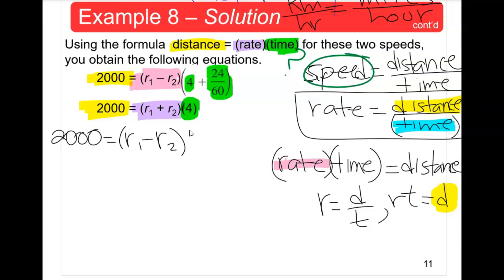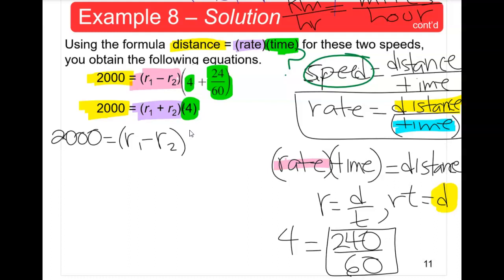So 4 in terms of 60 divided by 60, it will be like 4 times 60. So it will be 240 over 60, right? So if you divide this on the calculator, you will get 4. Or you can think of, what do I need to do to the 1 so it has a 60 for the denominator? And the answer is multiply by 60. Remember, you do that top and bottom.